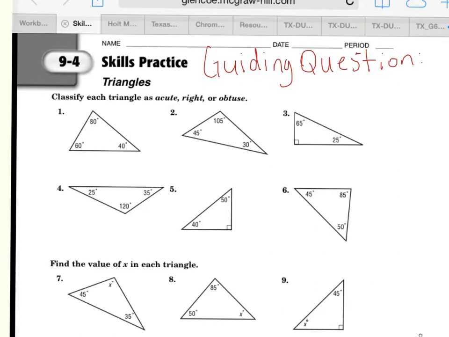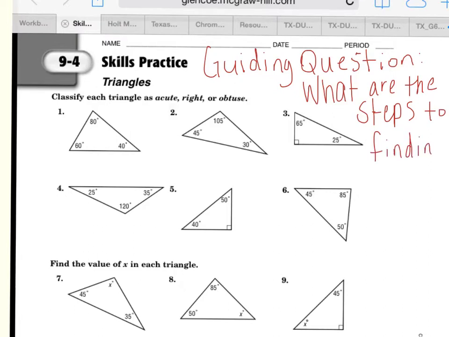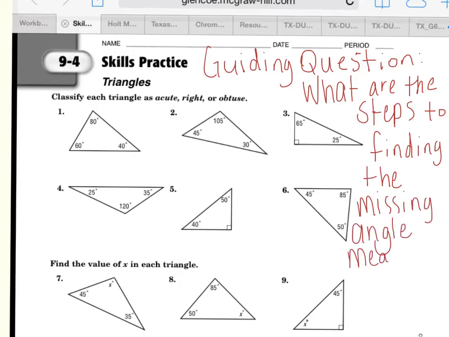Your guiding question is, what are the steps to finding the missing angle measurement of a triangle?